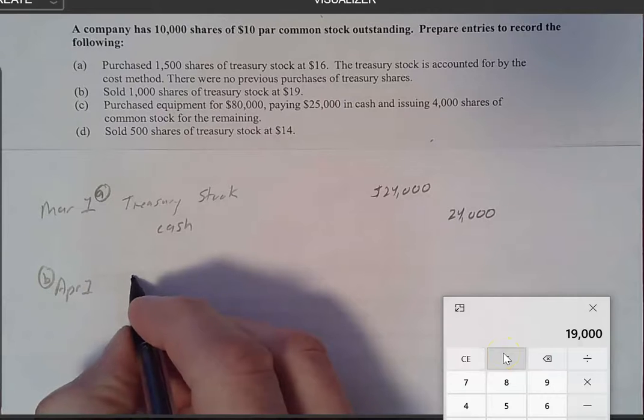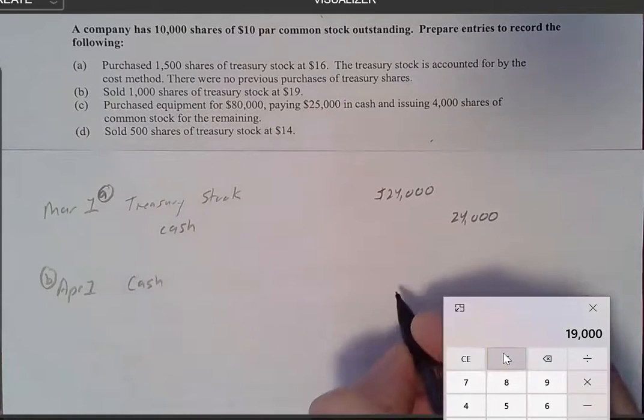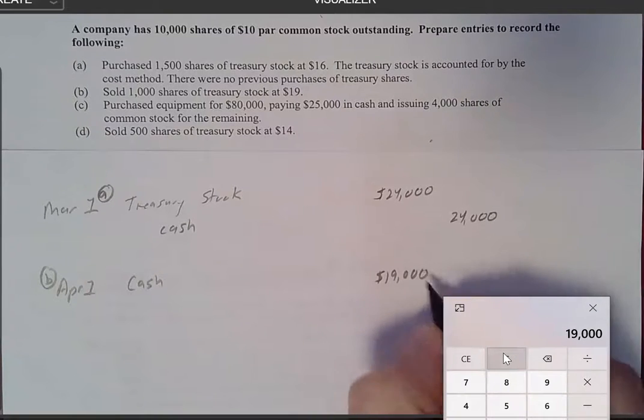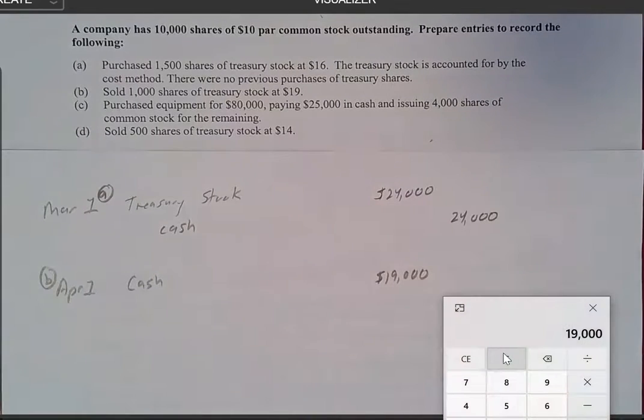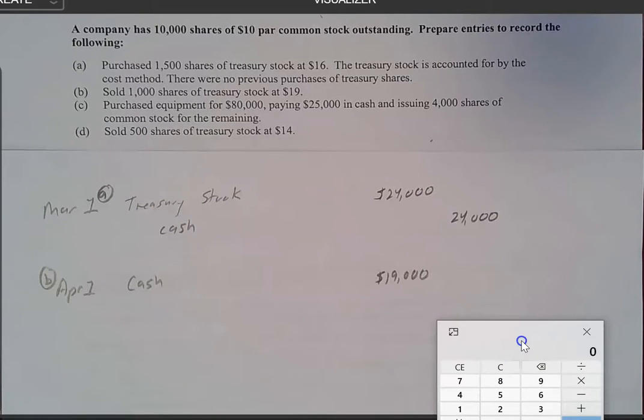So our debit is going to be to cash for $19,000. Well, what did we give up? We gave up 1,000 shares of treasury stock.